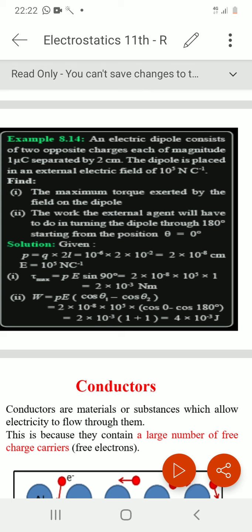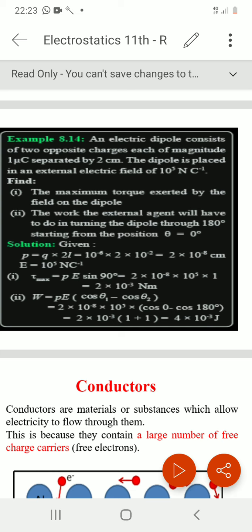Now first we will calculate the value of the electric dipole moment, and electric dipole moment P is equal to Q into 2L. Put the value of Q, which is 10 raised to minus 6, into, what about 2L? 2L is 2 into 10 raised to minus 2 because the separation distance between the two charges is 2 centimeter.